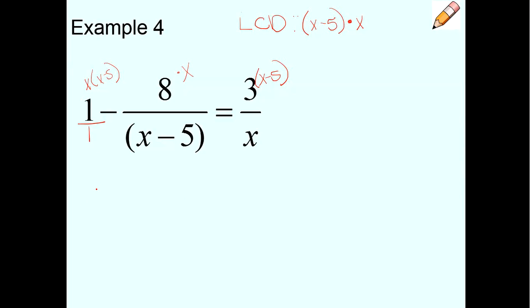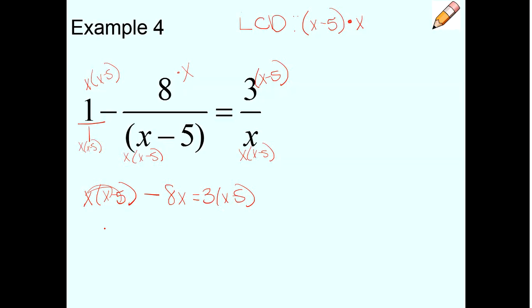So I'm just not even going to write my fractions out because we made these all x minus 5, x minus 5, x minus 5, right? We made all of that when we found our least common denominator and multiplied. So I now can just multiply. So I got x minus 5 right there, minus 8x equals 3 times x minus 5.